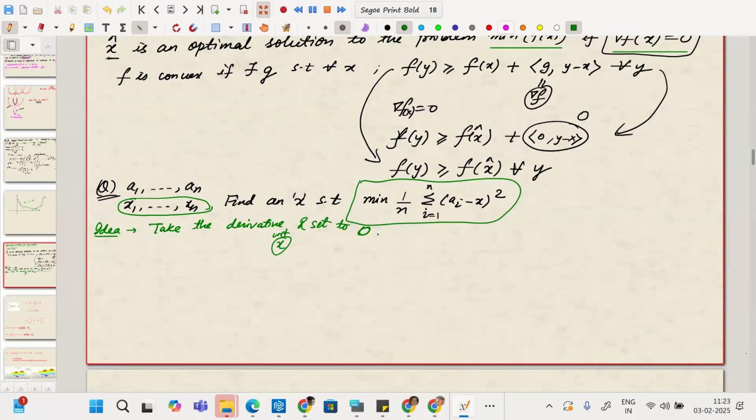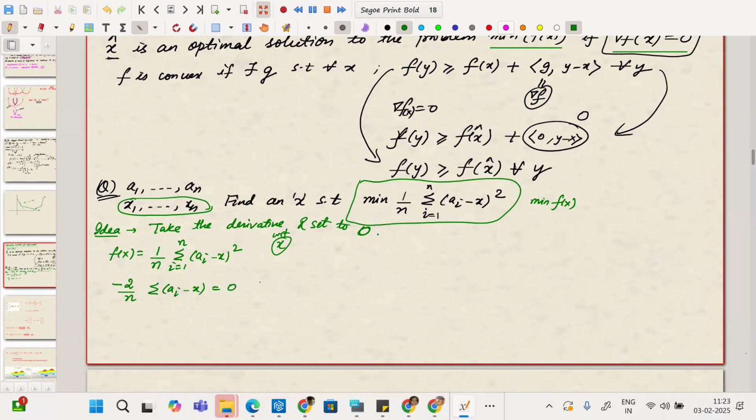Done. What do you do if you take the derivative and set it to 0? So what is f(x) here? You are doing min of f(x), right? f(x) is 1 by n summation i equal to 1 to n (ai minus x) whole square. So when you take the derivative and set to 0, what do you get? Minus 2 over n summation (ai minus x) equal to 0.